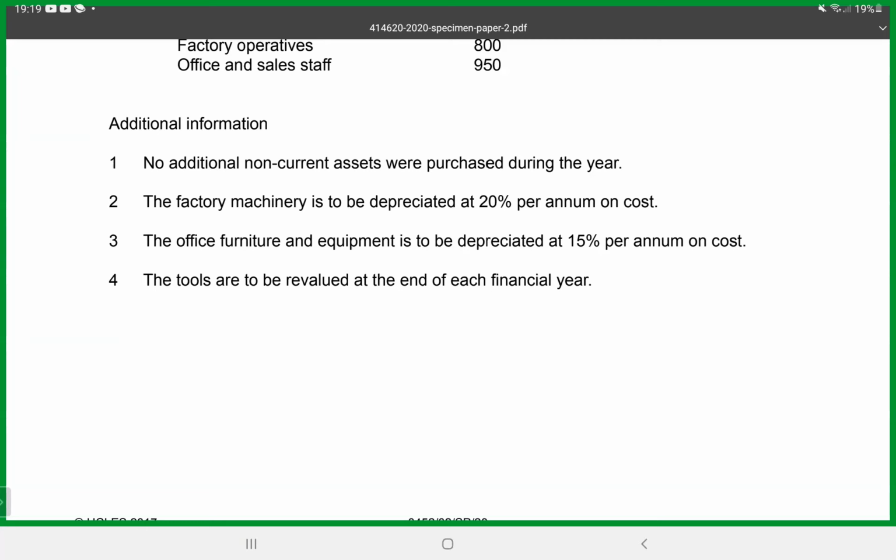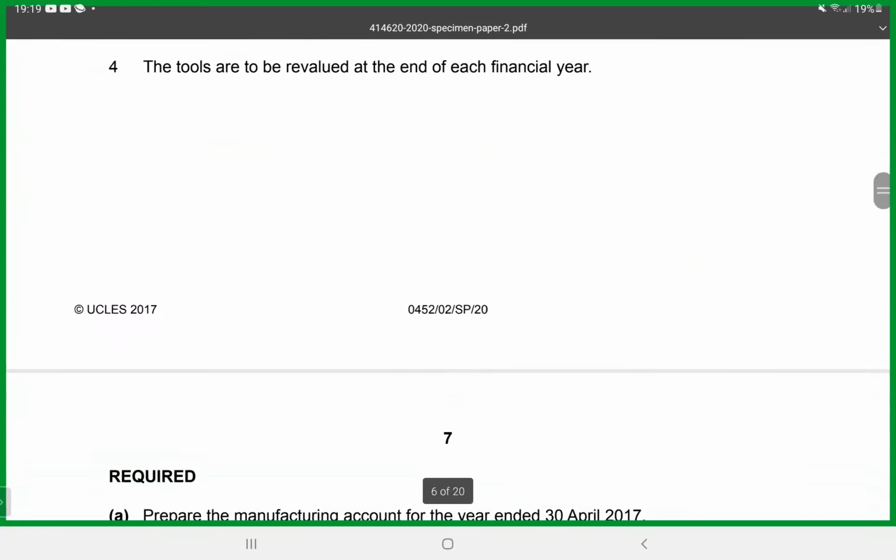The other name for the straight line method of depreciating non-current assets is depreciation per annum on cost. The office furniture and equipment is to be depreciated at 15% per annum on cost as well, which is the same as straight line. And then the tools are to be revalued at the end of each financial year.